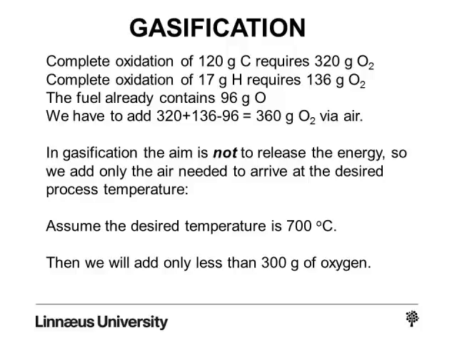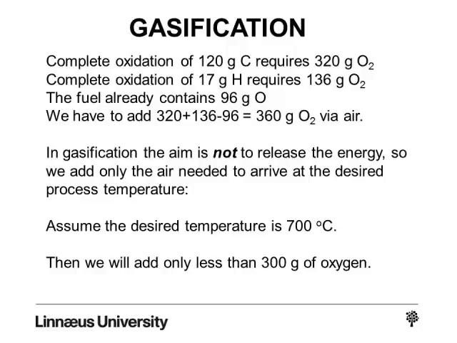And that is then, in this case, where we had more than 30% moist fuel. If the fuel is drier, we have to add less oxygen. So the drier the fuel, the less oxygen we have to add to arrive at the desired process temperature for gasification.